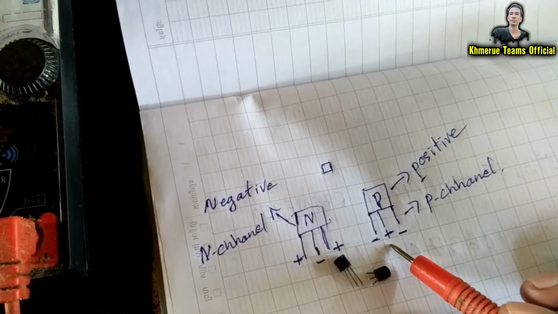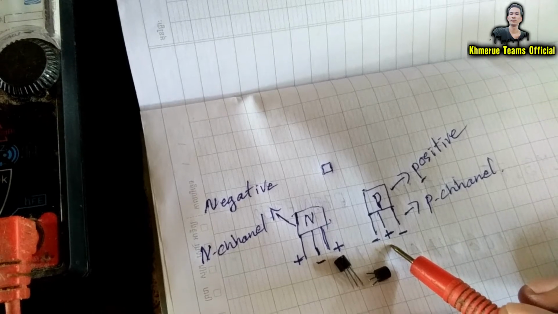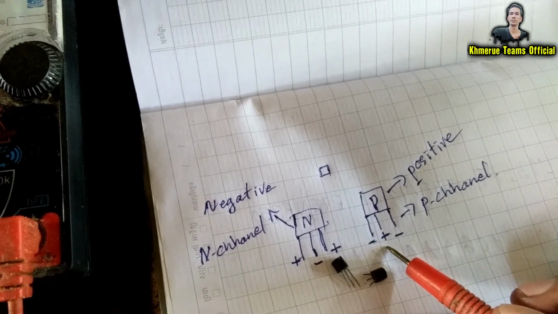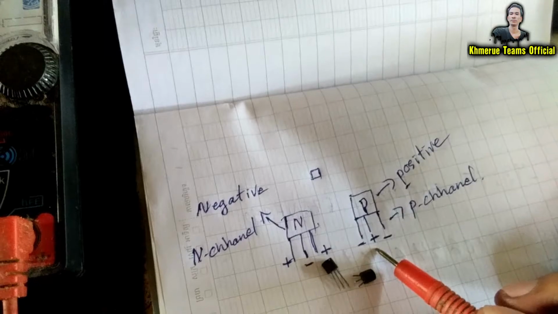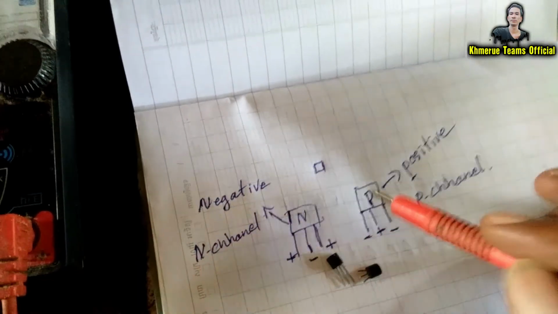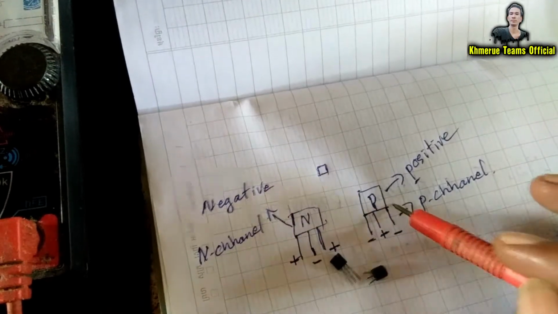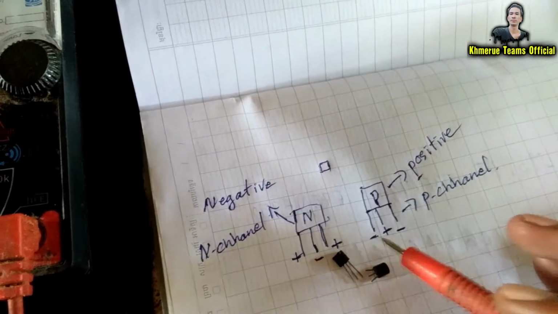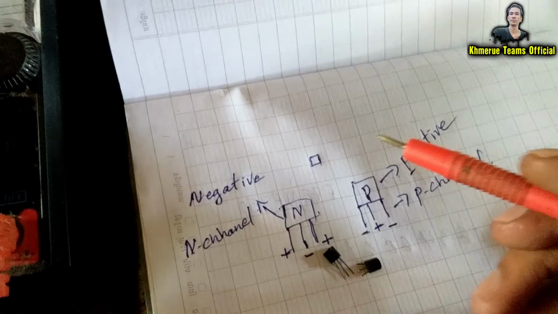For beginners, we don't need to know too much. You just need to know these two types, although they have a thousand transistor codes or numbers.